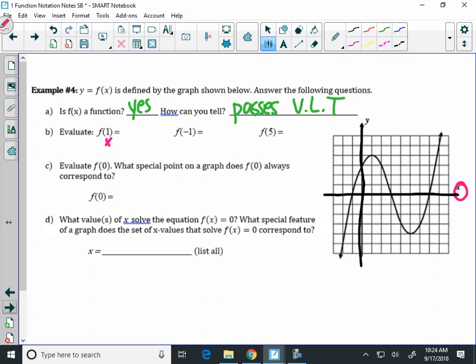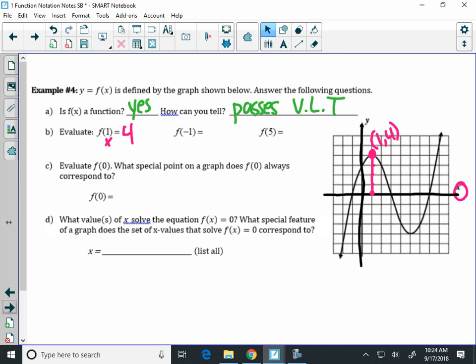And if I go to where x is 1, right here, I need to go up to my graph to find the output. So if I'm at x is 1, I went up 1, 2, 3, 4 to get an output of 4 for my graph. Right? If you need to, think about it as an ordered pair. X of 1 has the y value of 4.